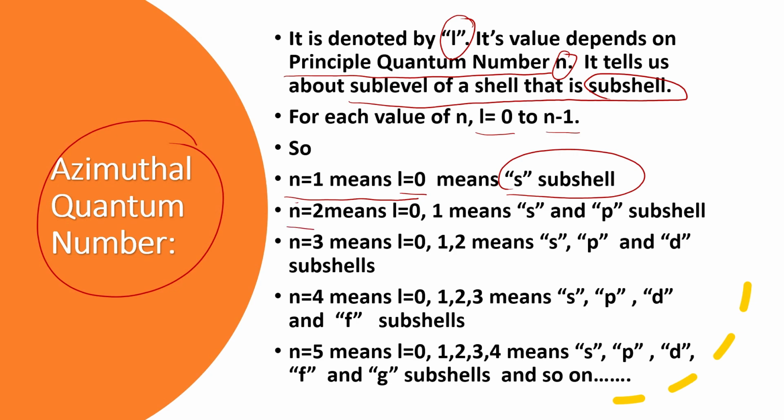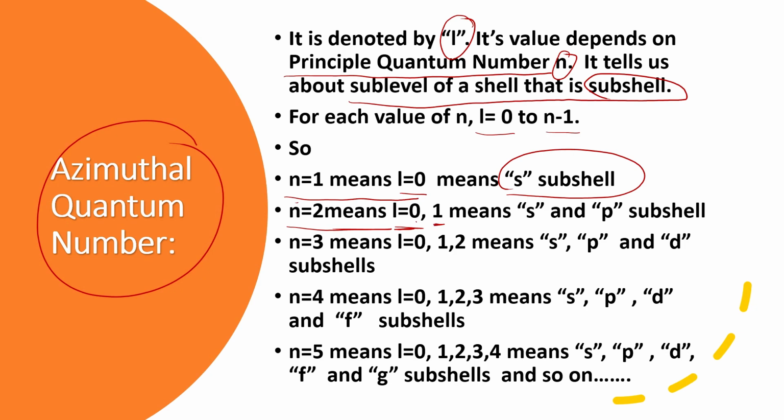Similarly, n equal to 2 means l equal to 0 and l equal to 1. Why? Because l equals 0 to n minus 1, and l always depends on n. Since n is 2, 2 minus 1 is 1, so there are two values of l, 0 and 1.